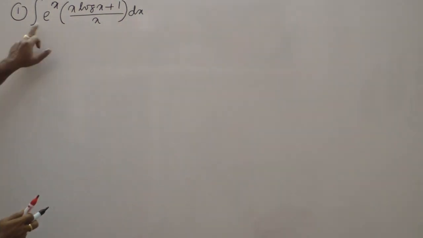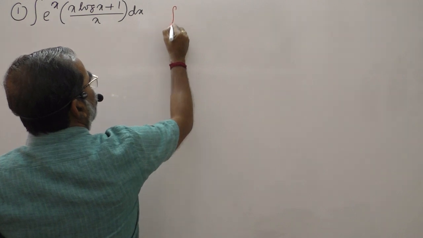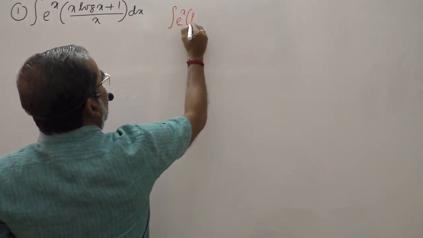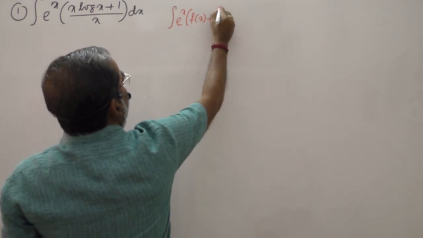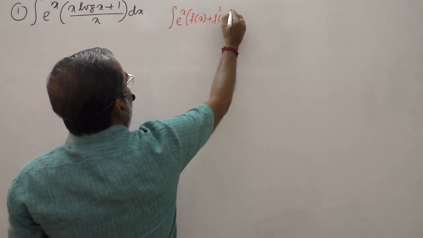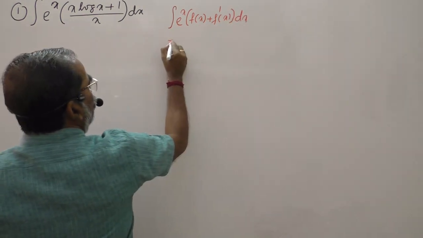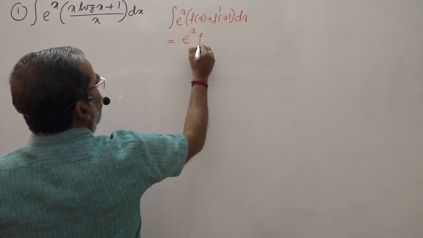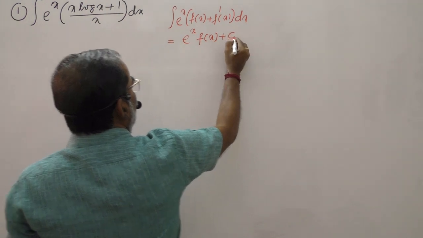See, integral e power x, we have a formula, no? Which one? Integral e power x into f of x plus f dash x into dx. We have seen its integral is simply e power x into f of x plus c.